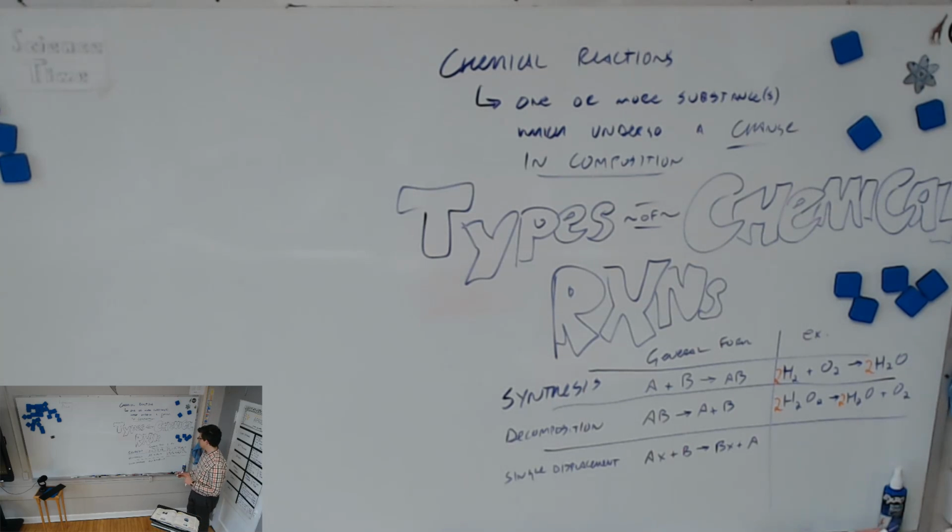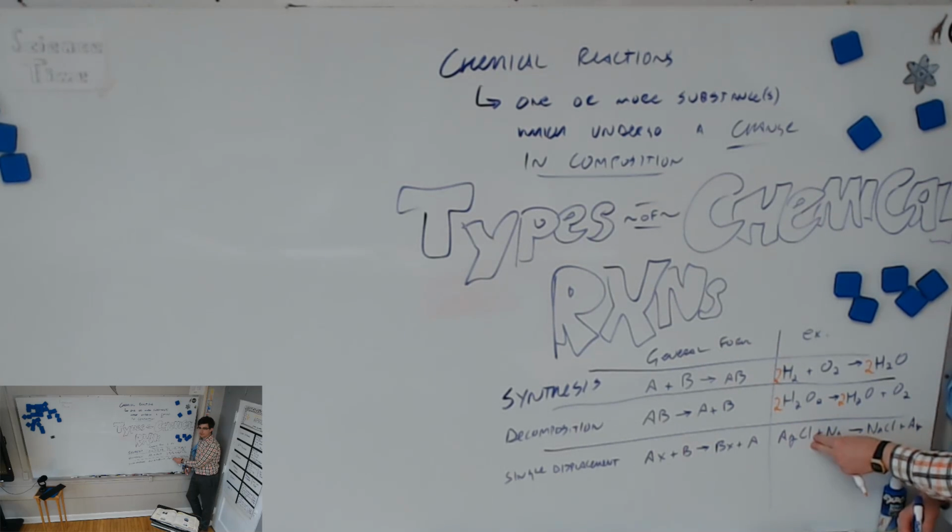An example of this would be silver chloride plus sodium yields sodium chloride plus silver. Think about it, the chlorine just kind of switched who it was with.